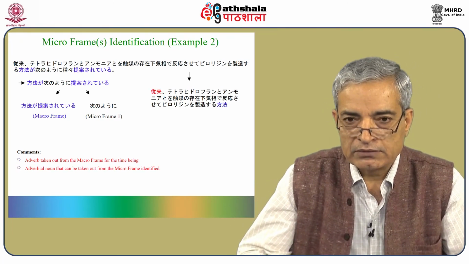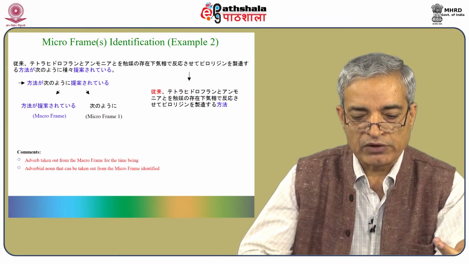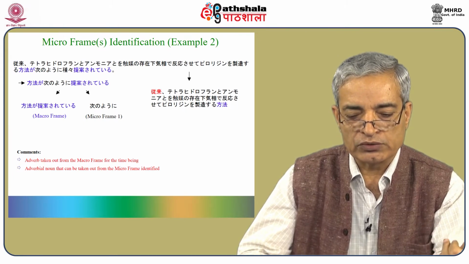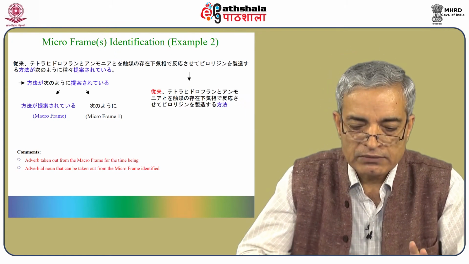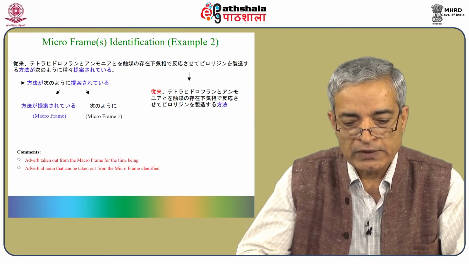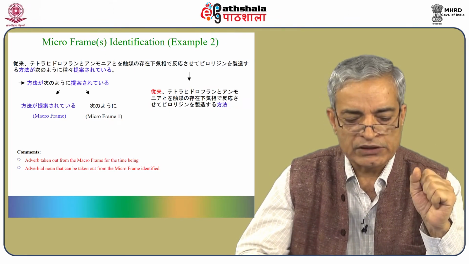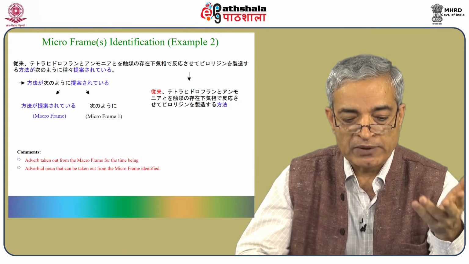Now let's see what we had left in the early step, that is the adjectival clause. Jurai tetra hydrofuran to ammonia o shokubai no sonzai ka kisode hanno sasete pirorigin o seizo suru hoho. If we see here, there are some elements that can be easily dropped. For example, jurai, it's an adverbial noun.